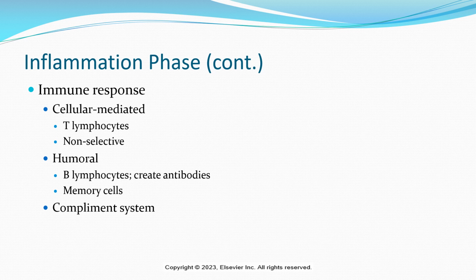Remember that the humoral immunity introduces B lymphocytes, or B cells, into the area. And remember that these ones produce antibodies, which act like tags, essentially, that mark harmful invaders like bacteria, viruses, things like that. So it's important to remember that we are creating antibodies with this humoral type immunity.